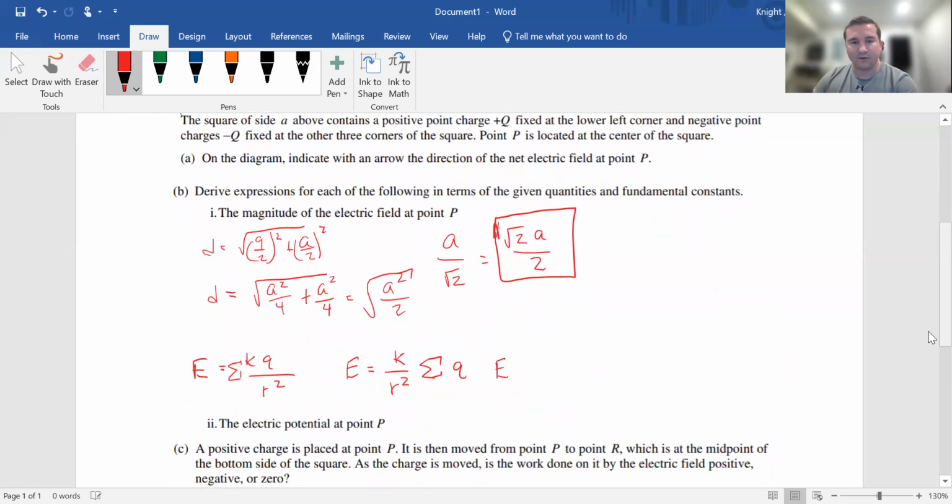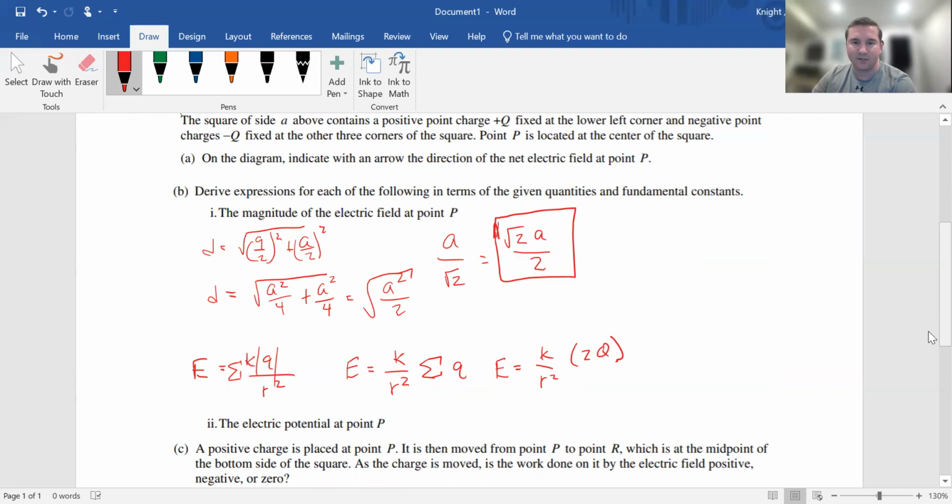So E is going to equal K over r squared times 2Q. We kind of take the absolute value there, right? Because we know which direction those fields are going in. This is almost an absolute value, right? It doesn't really matter what that is, because the electric field direction isn't dependent on necessarily what value that Q has. And then we can go ahead and solve here, right?